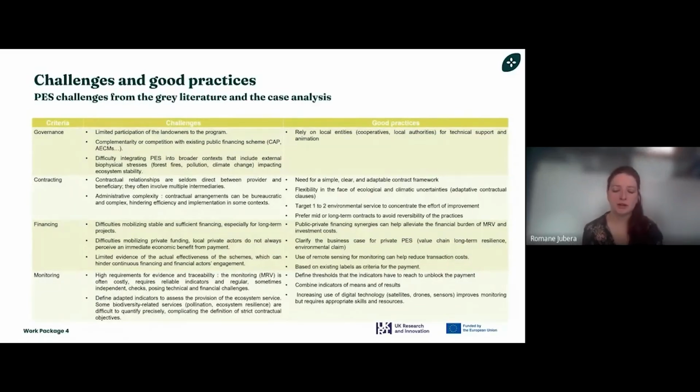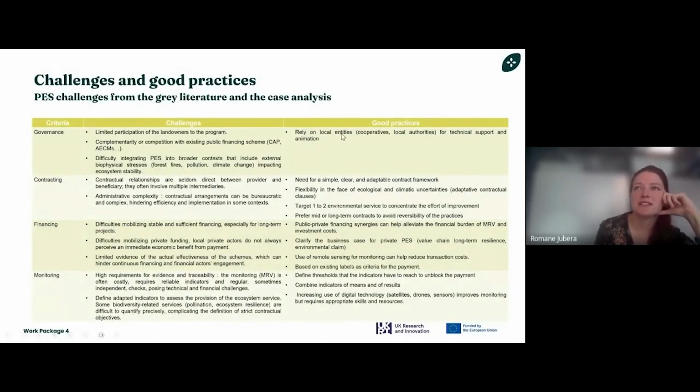We need to clarify what is already paid by public financing and what could be additional in this situation by the PES financing. These are cases that we encounter in France, for instance. There is also a difficulty to integrate PES into a broader context, especially to include external biophysical stresses, for instance forest fires, pollution, and climate change, that can also impact ecosystem stability.